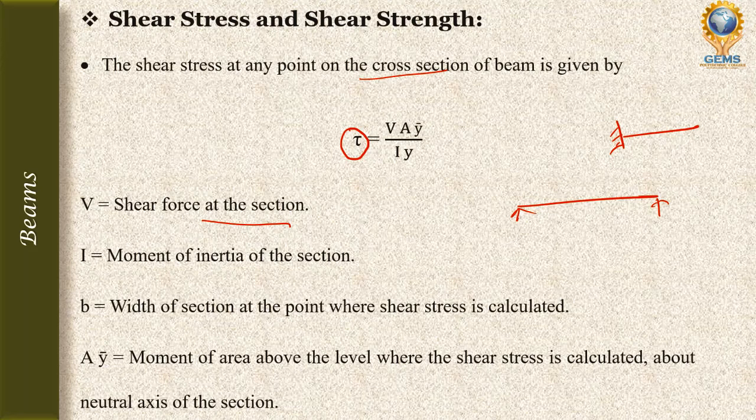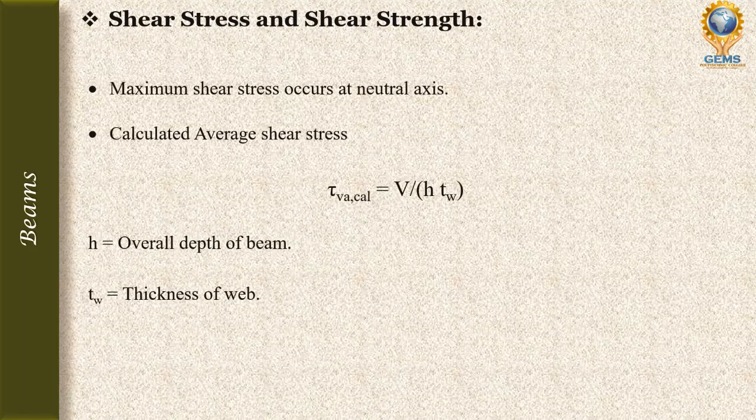Why do we need it? While finding the moment of inertia of the section, we need the b and the depth. So b is the width of the section at the point where shear stress is calculated. So why are we calculating the shear stress at the neutral axis of the section? Because the maximum shear stress will occur at the neutral axis.